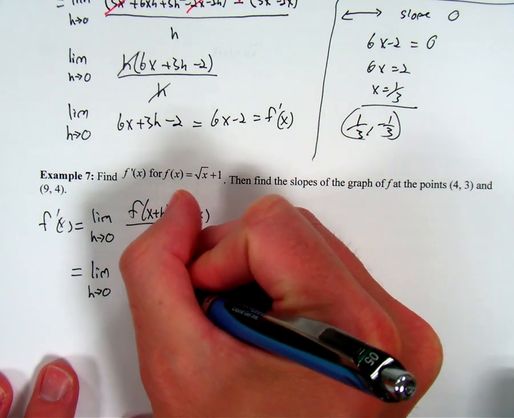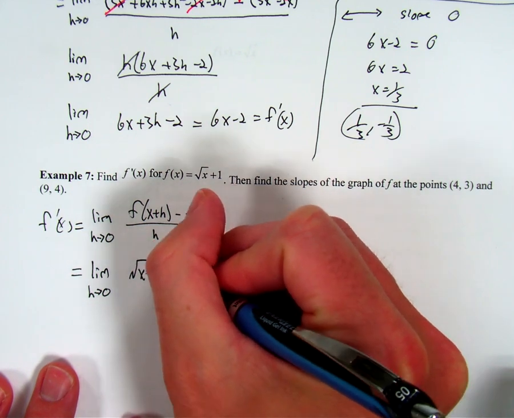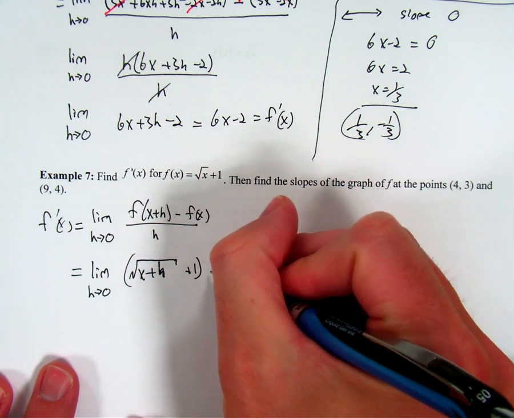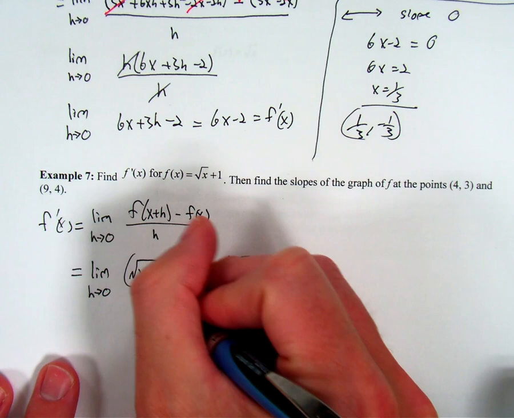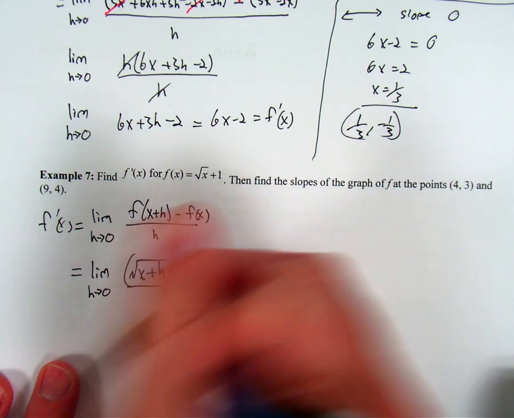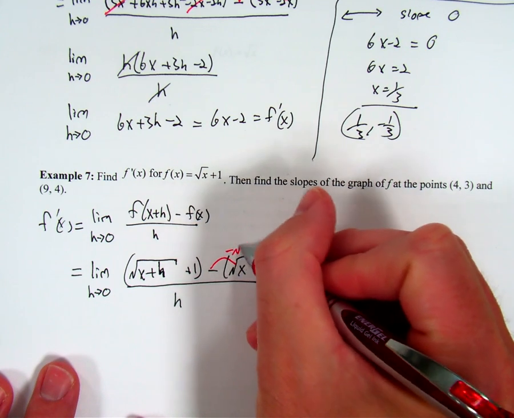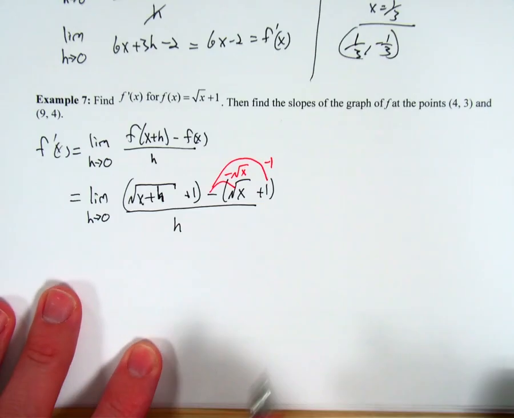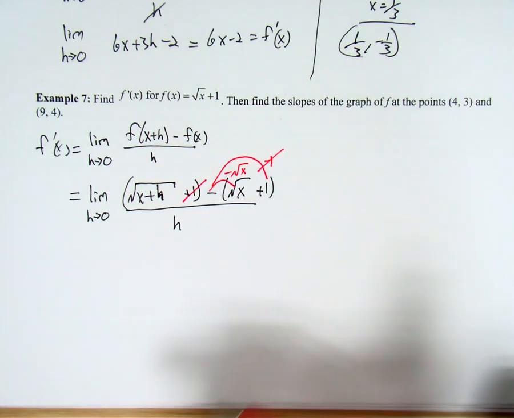So we're going to have the square root of x plus h plus 1 minus square root of x plus 1 over h. So I have a minus square root of x and a minus 1. The plus 1 and the minus 1 cancel out.